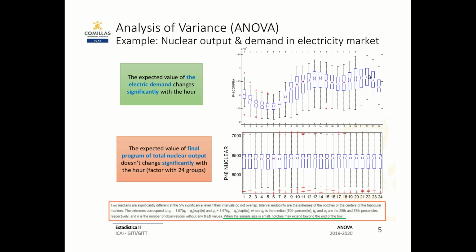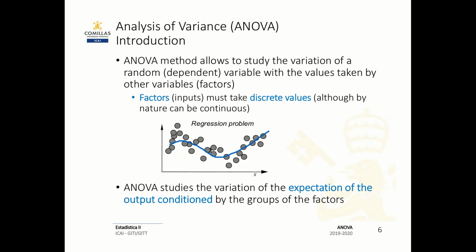If we ask whether there is a dependency of the continuous variable, the electricity demand, on the time of the day, considered as a categorical variable like 1, 2, 3, distinct values with no numerical relationship between them, then ANOVA is the right tool to do that.